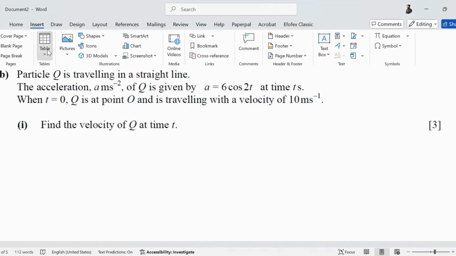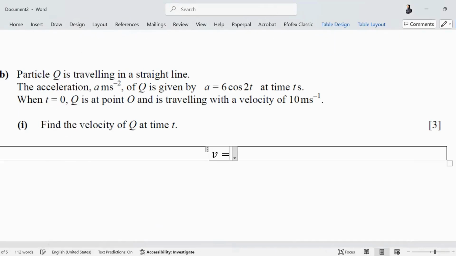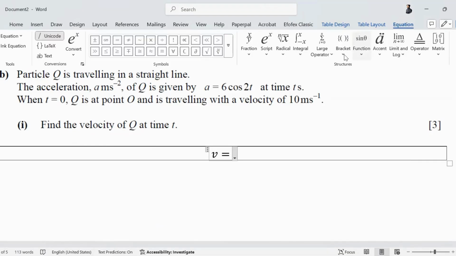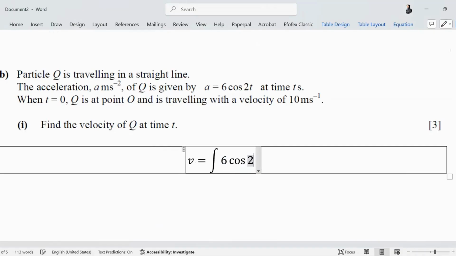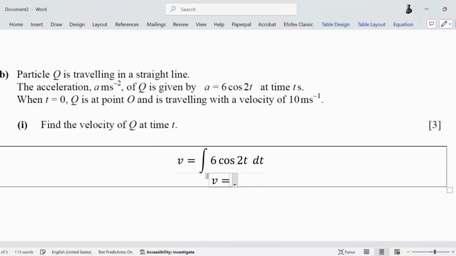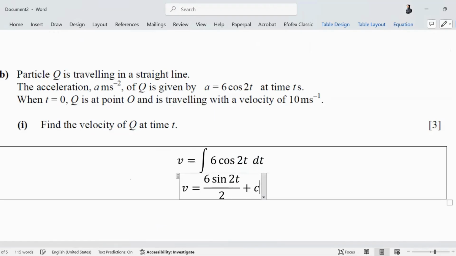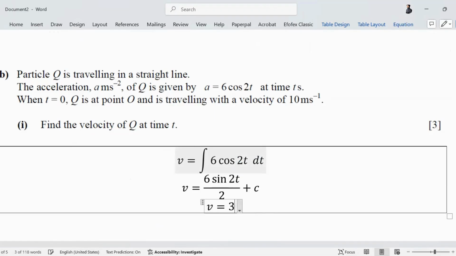How do I get velocity from acceleration? I will integrate this. 6 cos 2t dt. What is the integral of cos? Sin 2t upon 2 plus c. So v is 3 sin 2t plus c.